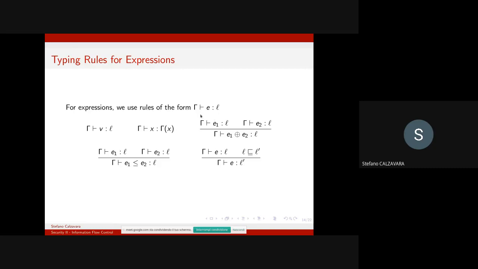Let's have a look now at this other rule, which is essentially very similar to this other rule. This rule says that if E1 has security label L and E2 has security level L, then also their sum, their multiplication, and their subtraction has security level L. If we want to reason about this in terms of our standard two-point lattice, if I sum two public data, I also get a public data.